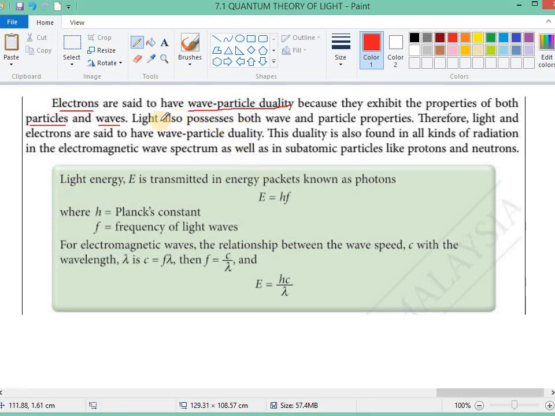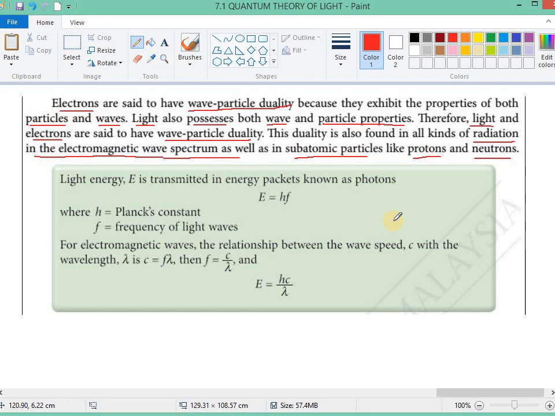Okay, next. Light also possess both wave and particle property. Therefore, light and electron are said to have wave-particle duality. This duality is also found in all kinds of radiation in the electromagnetic wave spectrum as well, as in subatomic particles like proton and neutron. So all of the electromagnetic wave also have wave-particle duality.